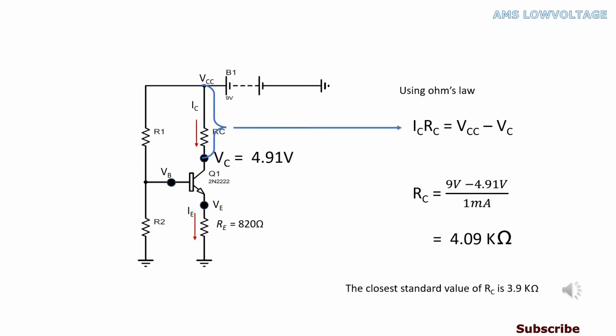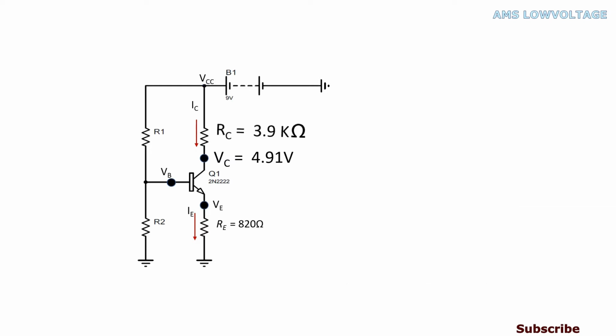Using Ohm's law, IC times RC equals VCC minus VC. After putting the values of VCC, IC, and VC in this equation, we've got the value of collector resistor RC equal to 4.09 kilo ohms. The closest standard value of RC is 3.9 kilo ohms.